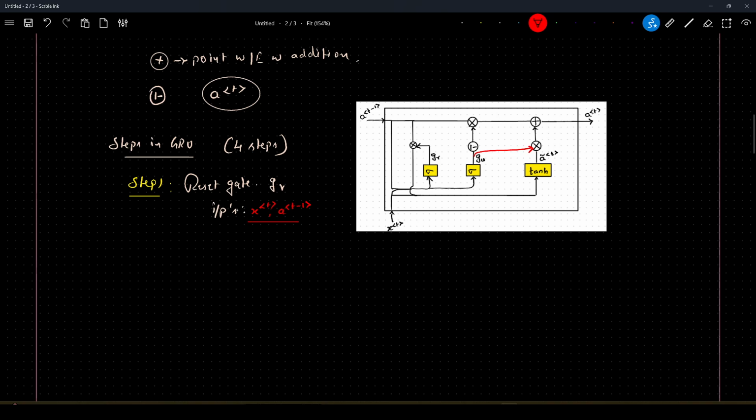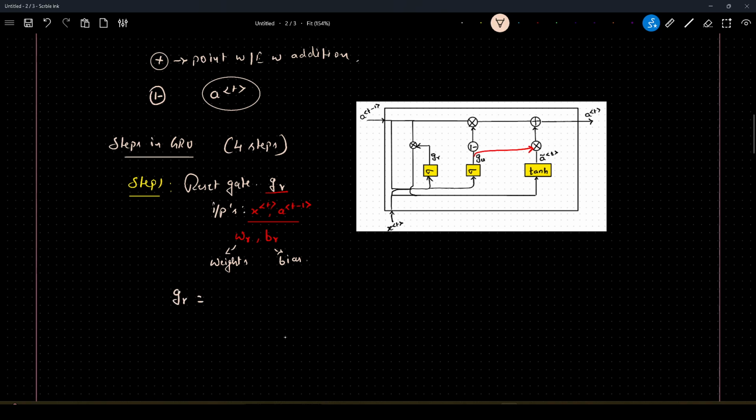This will have weights associated with it, which we represent as WR, and bias, which we name BR. WR will be a matrix of some dimension, and this will be a vector, the bias. This is the first step in GRU. So how do we calculate GR? Let's write that equation now with the help of the inputs and the weights that we have written down.